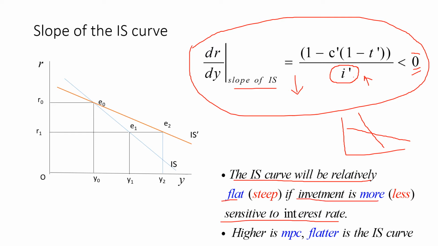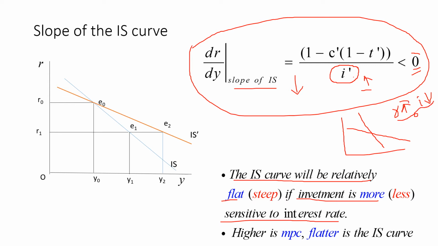Higher I prime means what? If there is a change in the rate of interest, we know the relationship: if R increases, then I will fall, and vice versa. If R falls, I will increase. But by how much? That is determined by the responsiveness of the investment function.